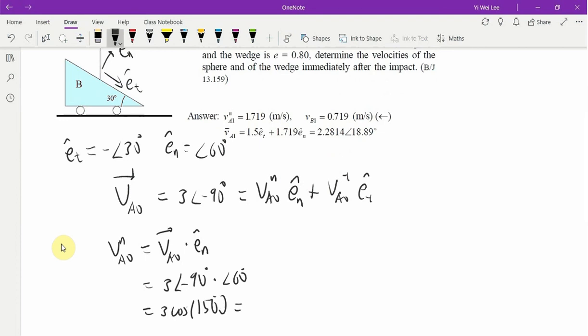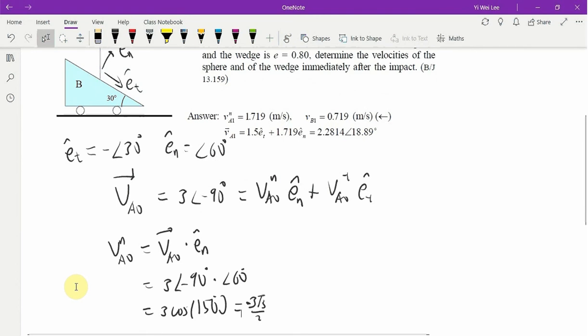Cos 150 is negative root 3 over 2, so it's 3 times root 3 divided by 2, and it's negative because the angle is more than 90 degrees.